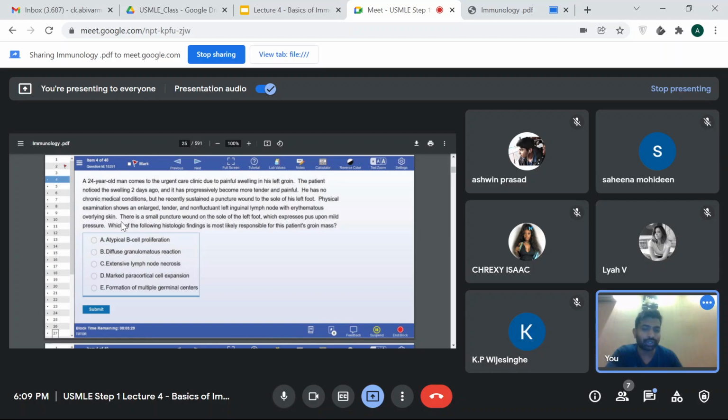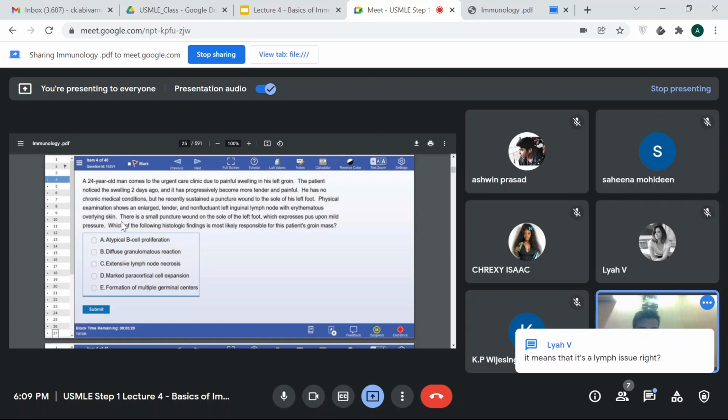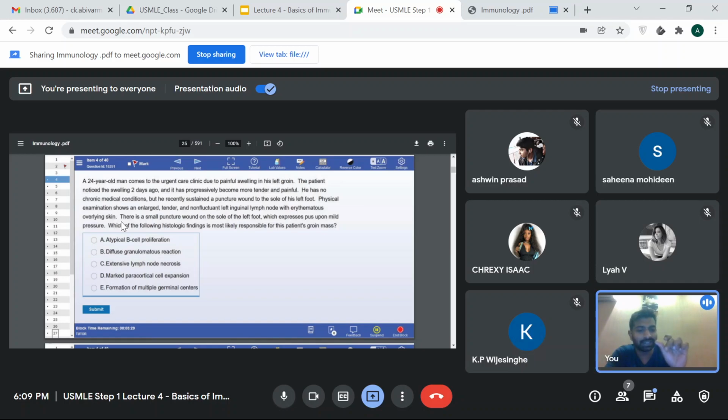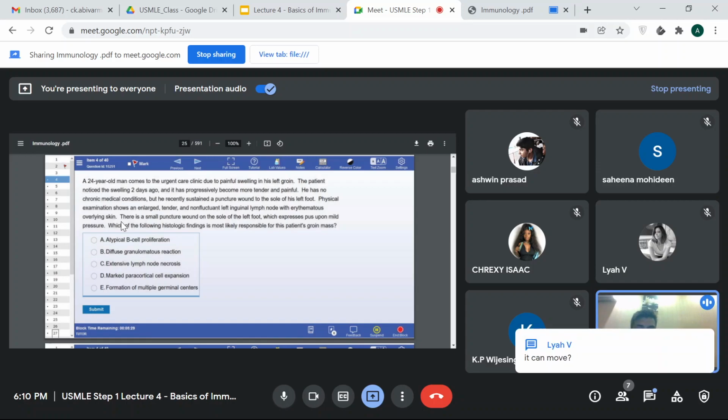The lymph node is tender and a solid mass because it's the swollen lymph node, but the lymph node itself can move. So I don't want you to confuse this with cancer. Non-fluctuant doesn't have to do with how the lymph node moves in the tissue.